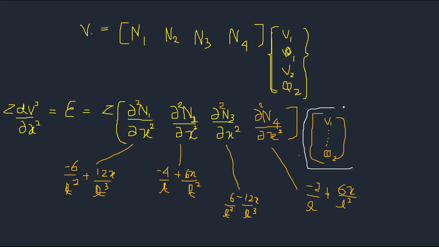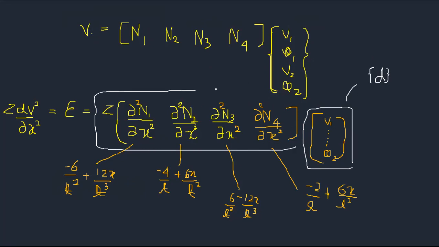So this is the displacement matrix. This is D. So this whole term would be B. It's a bit long, but you can still do that.